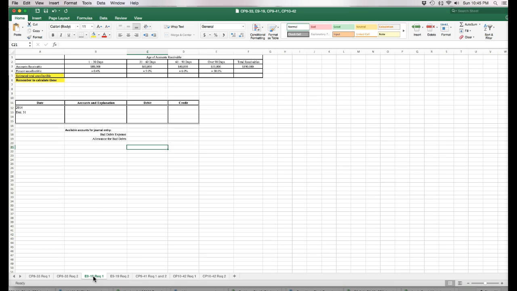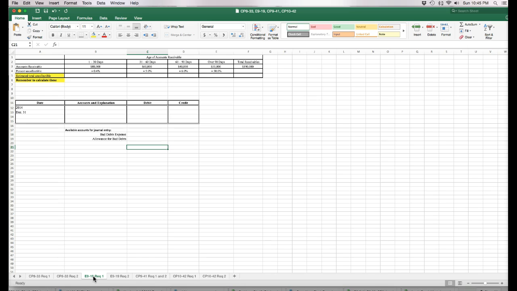And in that particular problem, what we're doing is we're looking at the aging of accounts receivable. And what we're going to do here is we're going to be estimating what we expect our write-offs to be, or what we anticipate being uncollectible.